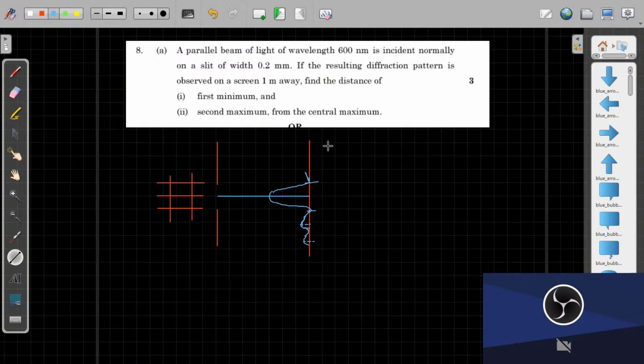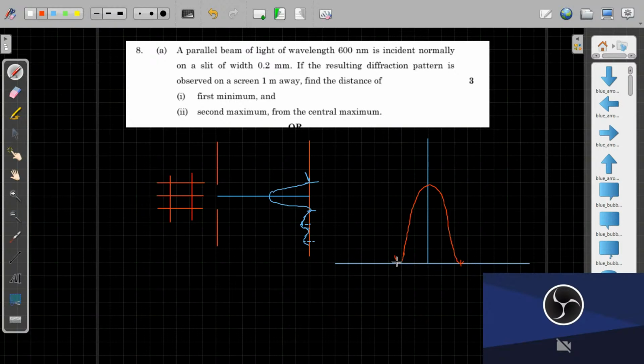I will draw the graph here once again properly. On the side, this is the intensity distribution curve. This type is very important. You should always know the diffraction intensity curve and the interference intensity curve. This is the intensity distribution curve of diffraction.